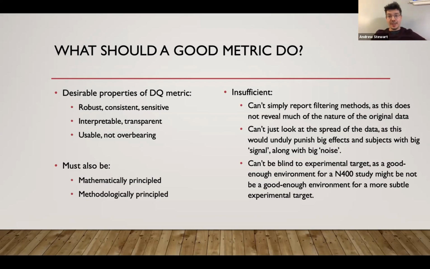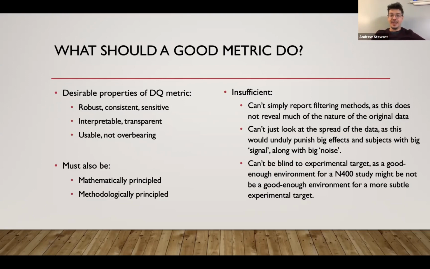I think it is good practice when plotting ERPs, as we've seen already today, to show the standard error across each time point. But this spread, just the standard error alone, doesn't say whether your data quality is good or bad. It could be that your true effect does have some amount of spread. So I don't want things that just punish big effects.